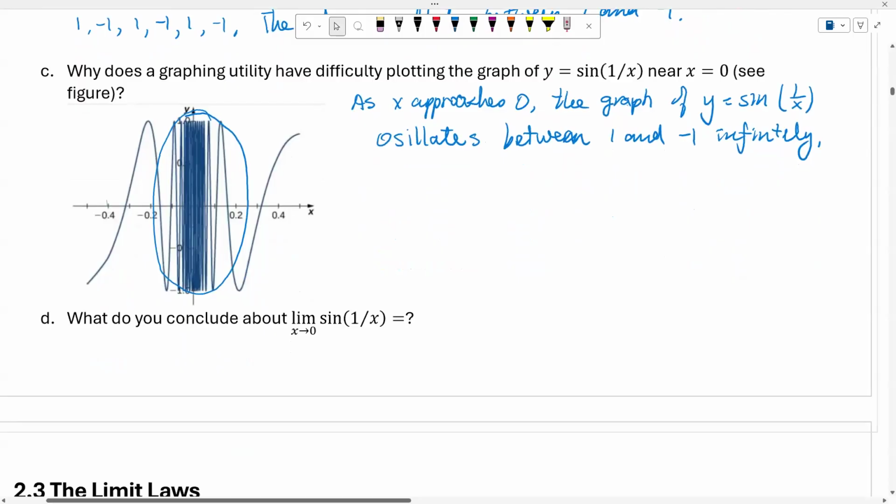So in this case, what do we conclude about the limit?